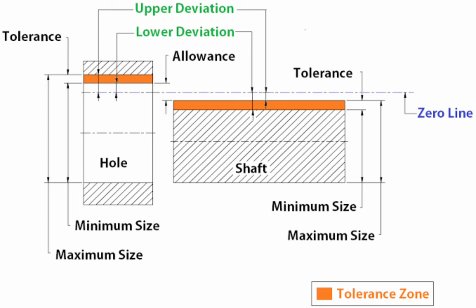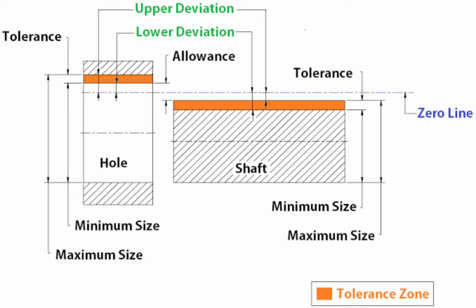And what is the deviation? The upper deviation of the hole is from the maximum size to the zero line, and from the minimum size to the zero line is called the lower deviation. Same for the shaft: from the zero line to the minimum size is called the lower deviation, and from the zero line to the maximum size is called the upper deviation.